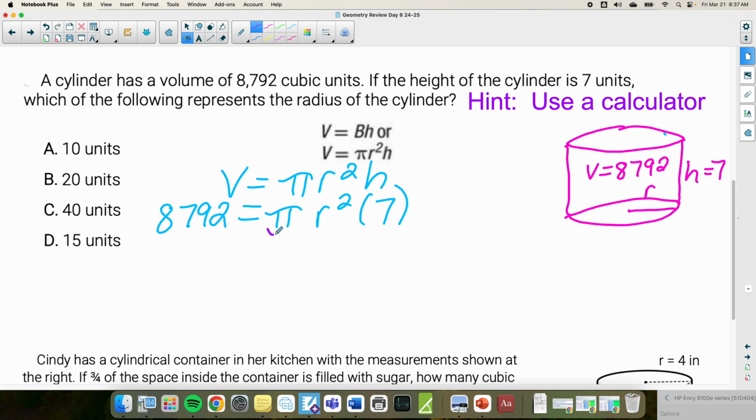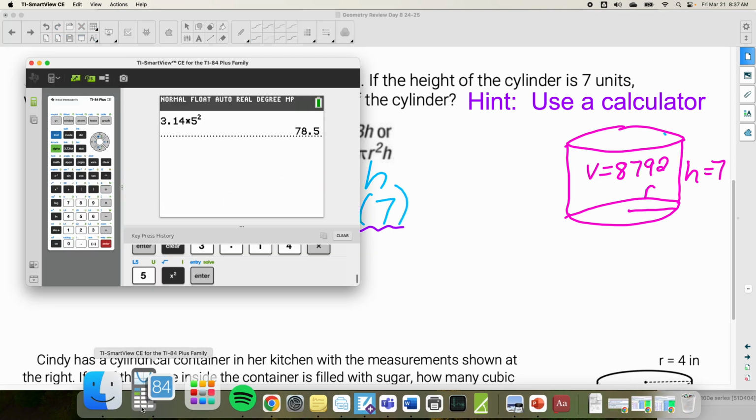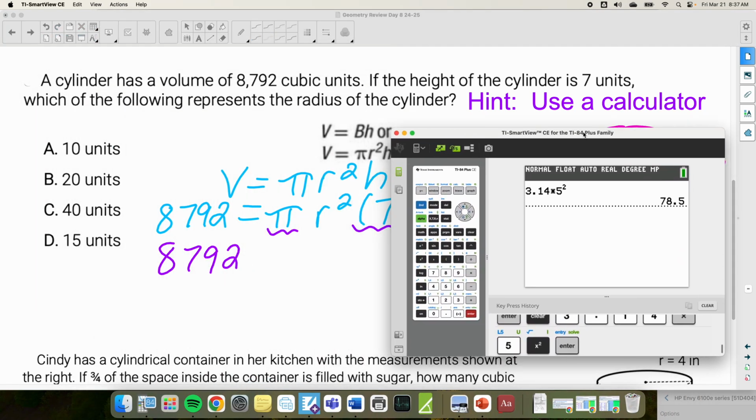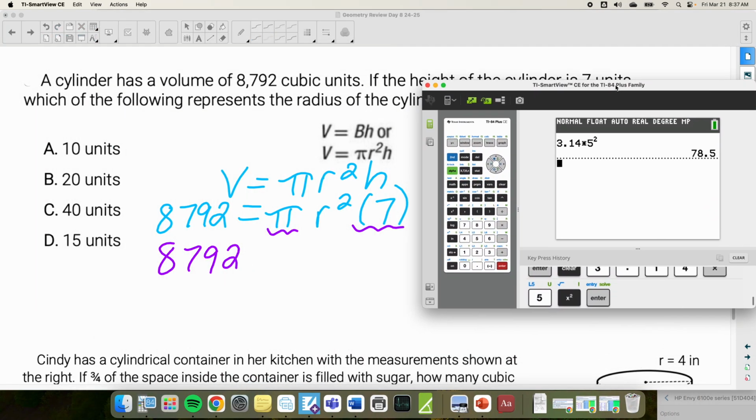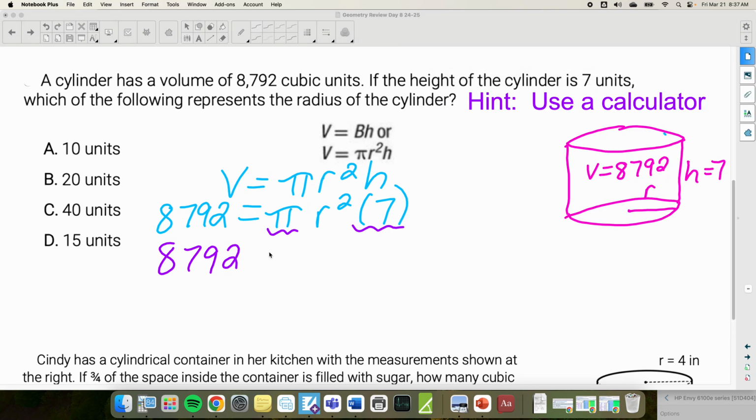I would multiply pi times 7 on the right side first. Okay, so I would type pi times 7. And we can round that to 21.99.